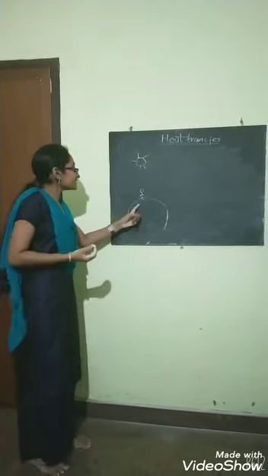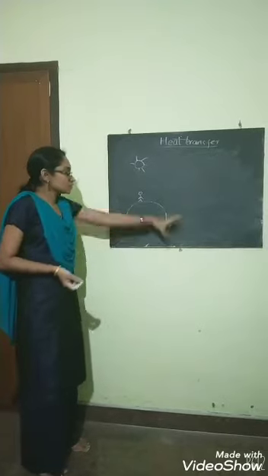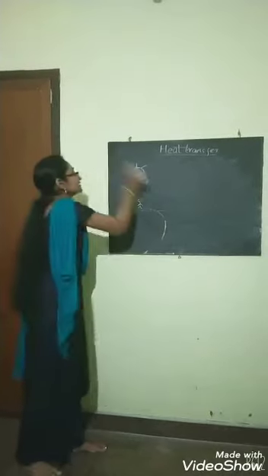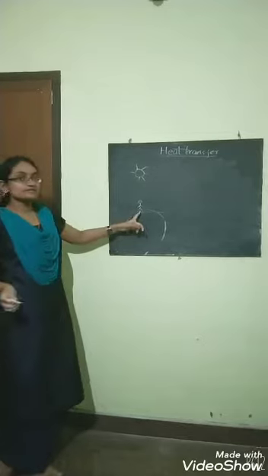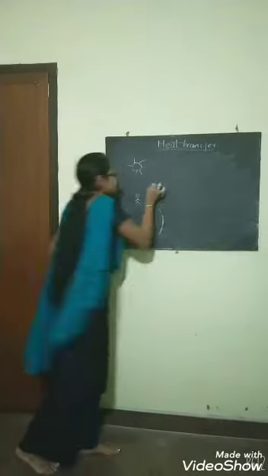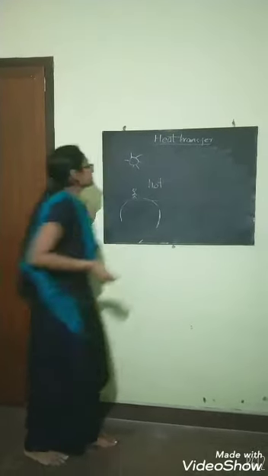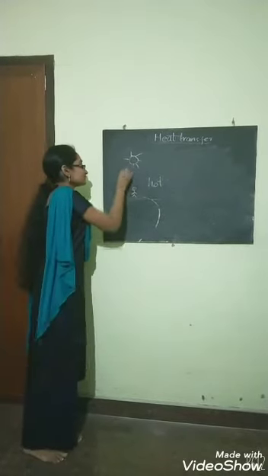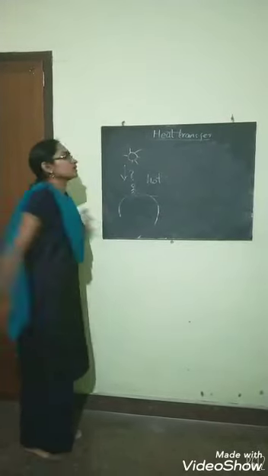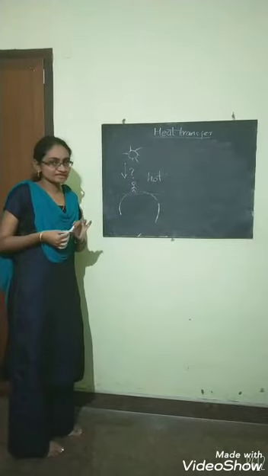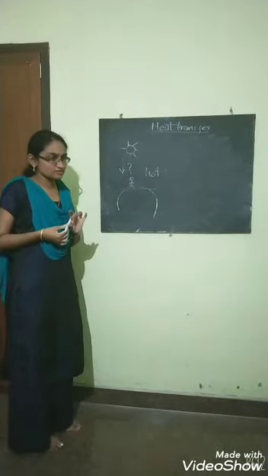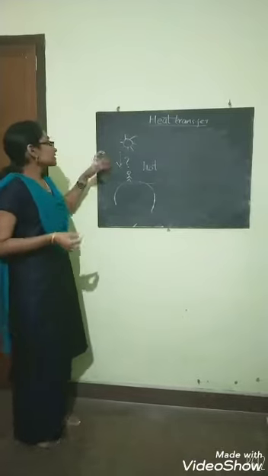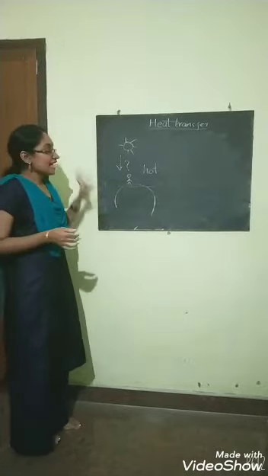A person is traveling through the land under the sun, and this person feels hot. How is this heat transferred from the sun to this person? Does it happen through convection? No. Here neither of those is happening, and here radiation takes place.